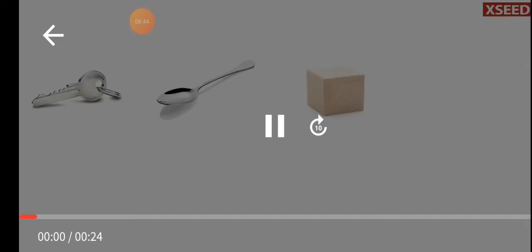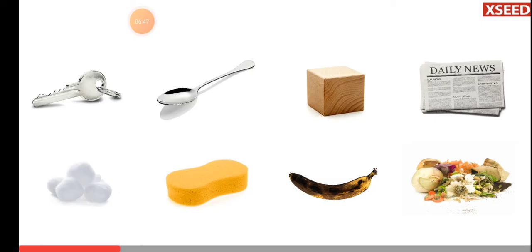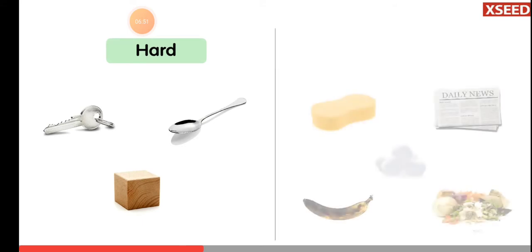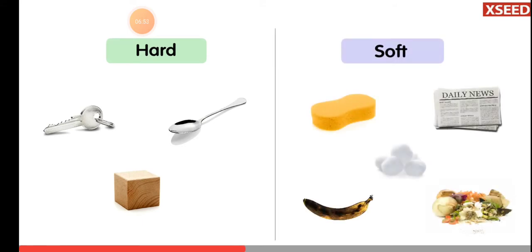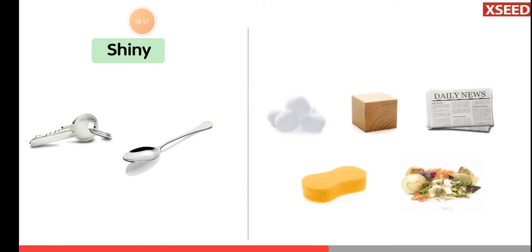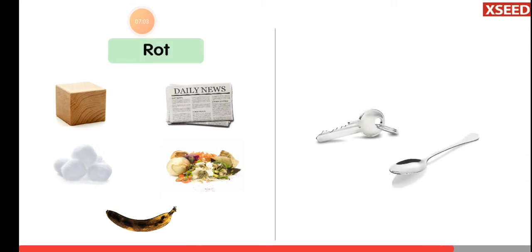So watch the video. Different materials have different characteristics. Some are hard and others are soft. Some are shiny and others are dull. Some objects can rot, whereas others cannot.